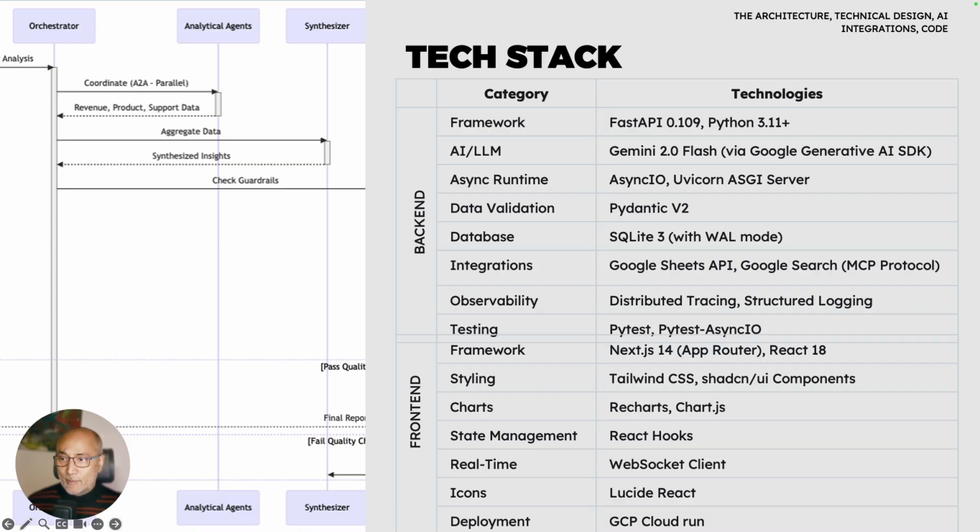Backend is FastAPI with Python, Gemini 2.0 Flash for all AI reasoning, and MCP protocol for Google Sheets integration. Frontend is Next.js and React, with real-time WebSocket updates. This could be deployed to GCP Cloud Run.